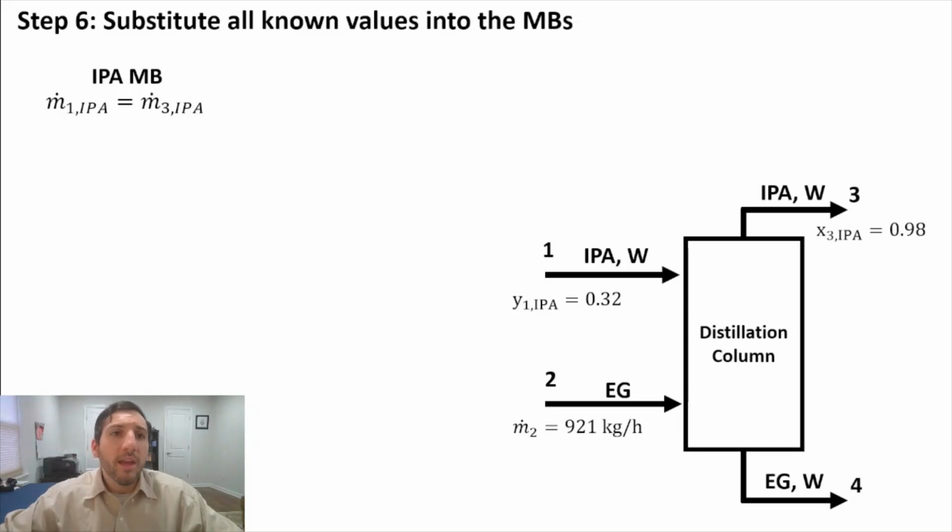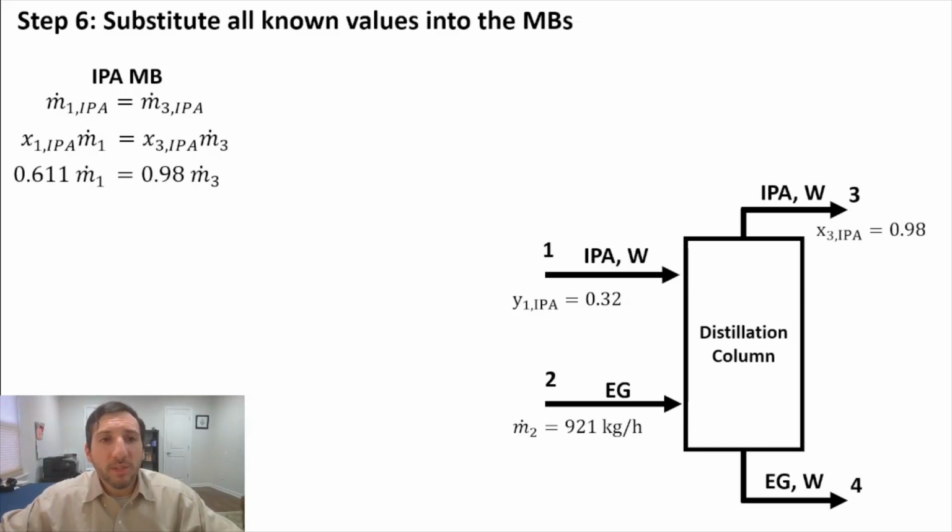So we've got X1 IPA multiplied by M1 dot equals X3 IPA times M3 dot. Now I have some mass fractions of IPA, and so I can substitute those in. So it's 0.611 M1 dot equals 0.98 M3 dot.